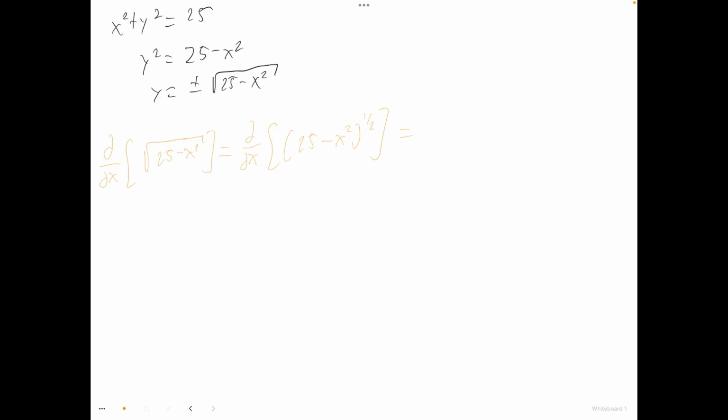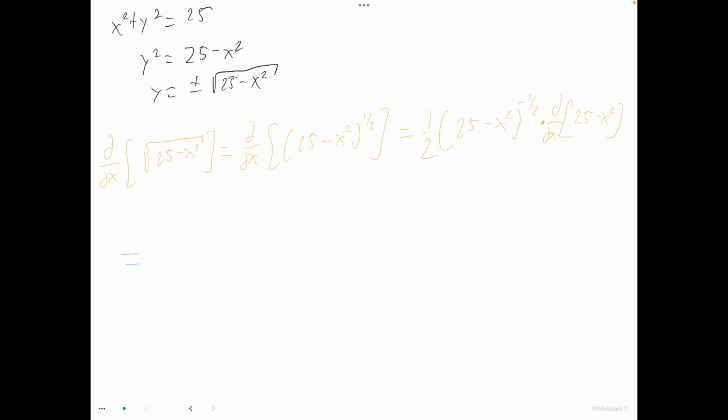So the derivative of the square root function is just using the power rule. So we're going to have 1/2 times the inner function raised to the minus 1/2. So we brought down the exponent, subtracted 1 from the exponent, and then we multiply by the derivative of our inner function, which is 25 minus x squared.